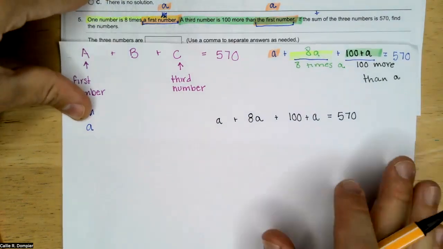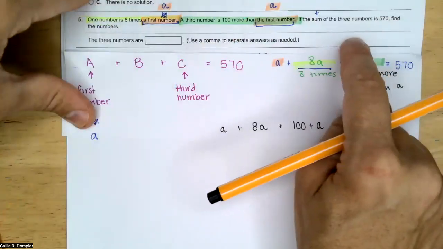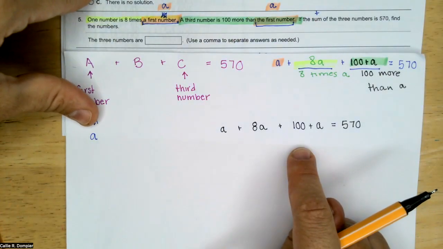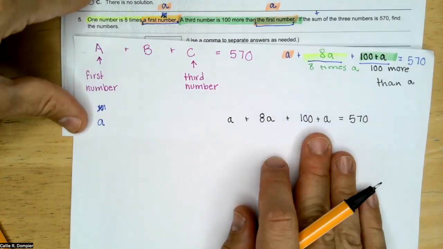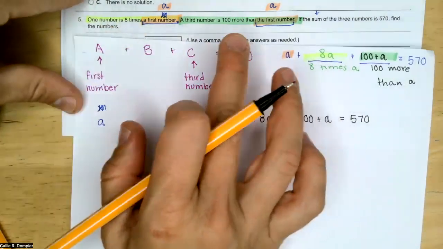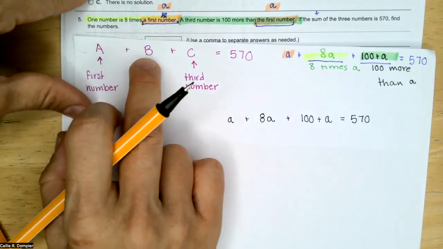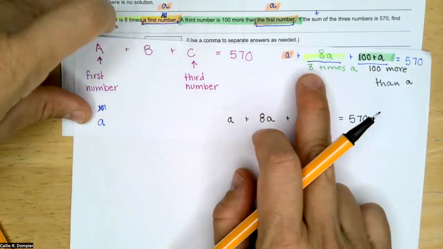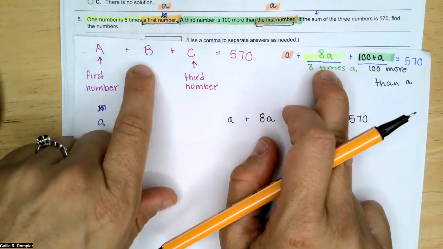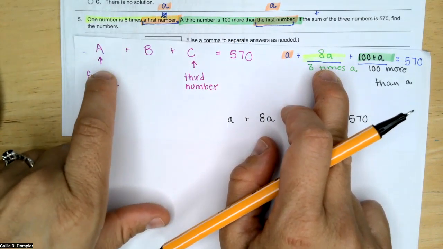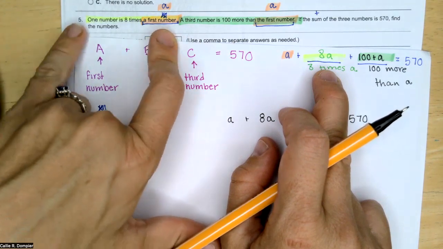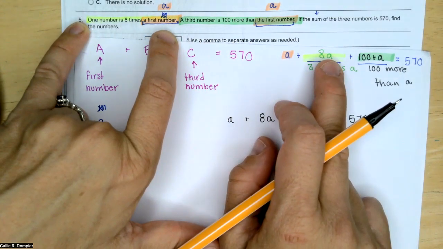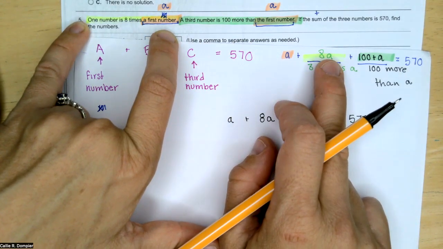Okay, so they want you to take all the information they gave you and turn it into one equation with only one variable. We made an equation here, but this has three different variables, A and B and C. You need to take B and put it in terms of the first number. And they told us what it was in terms of the first number. B is 8 times the first number.